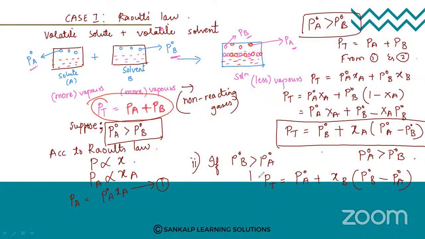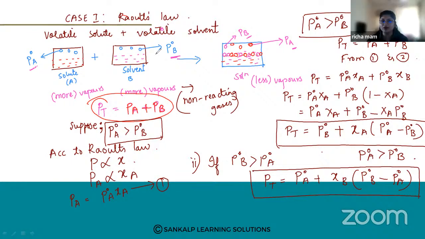You can take any one of them. Whichever you are studying, study one only. Don't get confused between two. Similarly, you can apply it for the other, whether the solvent is more volatile than the solute or the solute is more volatile than the solvent. Like this, we can calculate the total vapor pressure exerted.